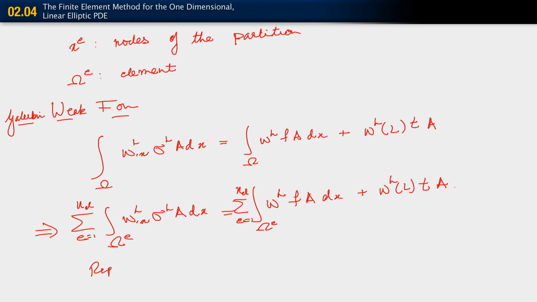So represent SH and VH over each omega sub E.